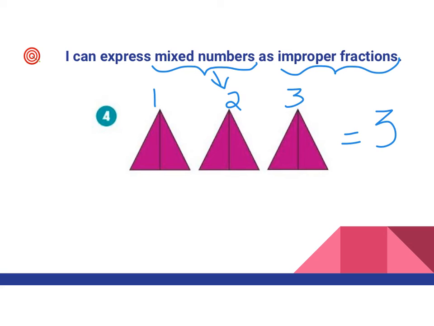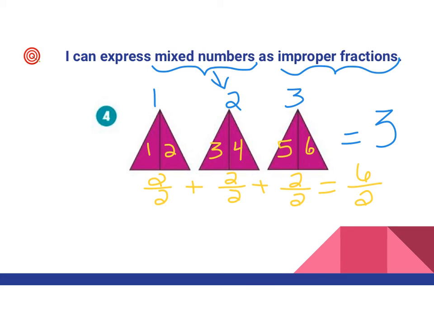Each of these is divided into halves, so here I have 2 halves, plus another 2 halves, plus another 2 halves, would give me 6 halves. 1, 2, 3, 4, 5, 6. 6 halves. So 3 is equivalent to 6 halves.